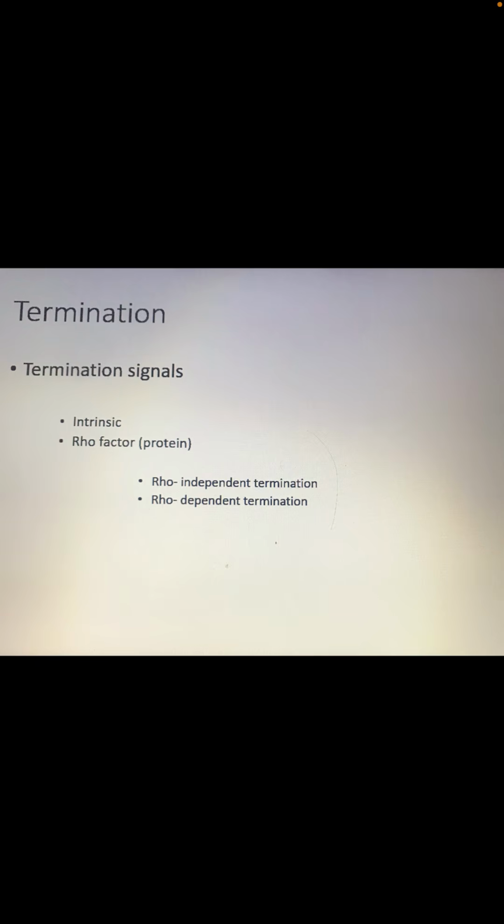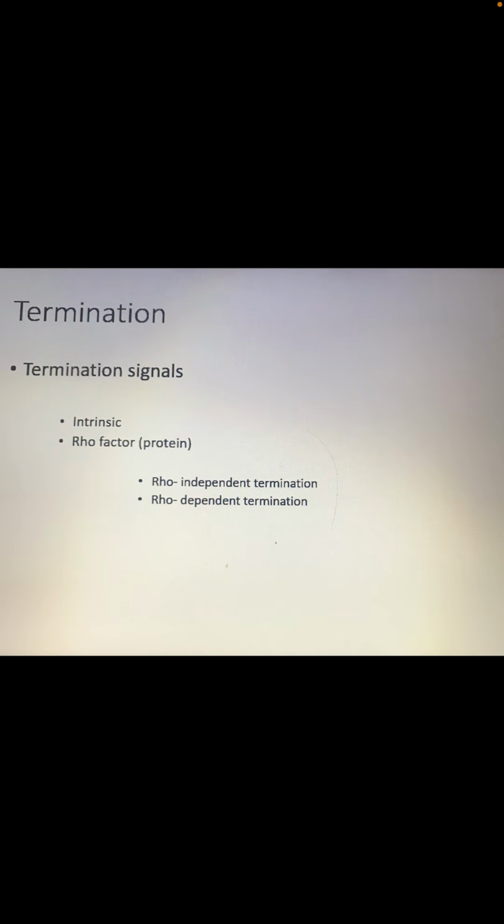Finally, in prokaryotic cells, transcription is going to get terminated with the help of different termination sequences in the final step of transcription, which is known as termination. Termination could be of two types.